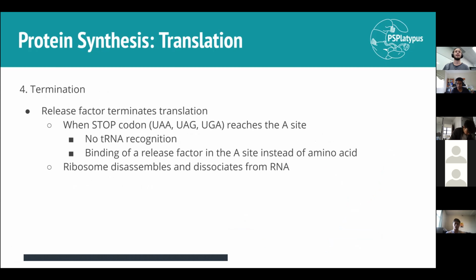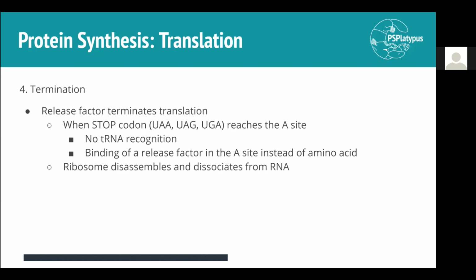amino acid. Okay, and then finally, when you get to the end, you'll have a release factor terminating the translation. And that's basically when you get to a stop codon, so that's UAA, UAG, or UGA, that reaches the A site, so the first site that the mRNA and tRNA encounter. There's no tRNA for the stop codon.